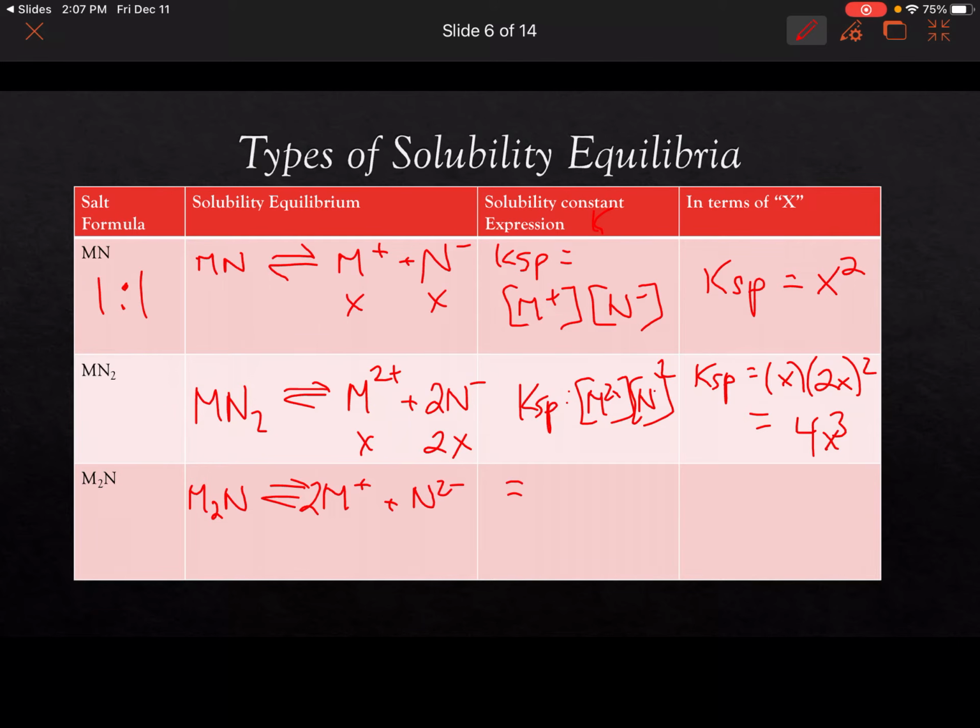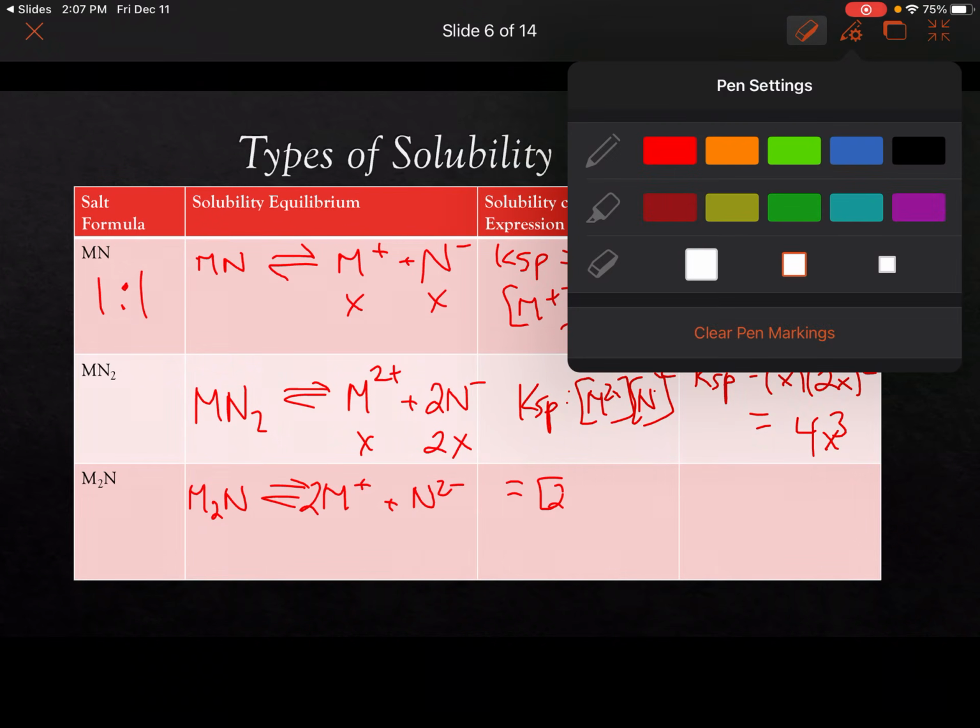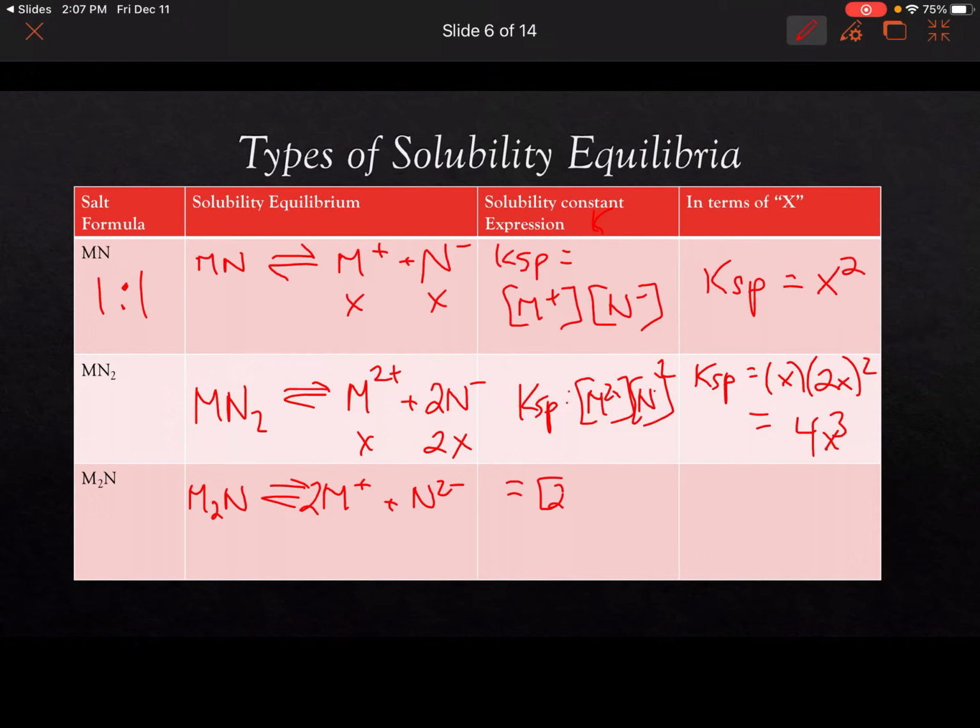So KSP is going to be equal to 2M positive multiplied by N2 minus, and this one has to be squared here.